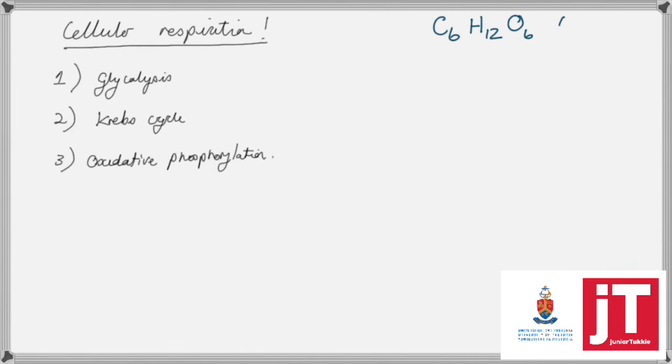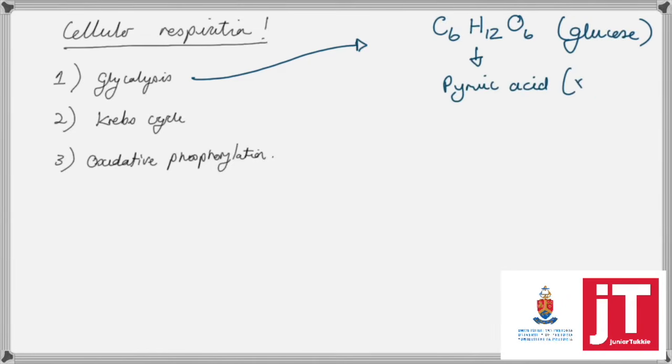So let's just quickly break it down and see what we can remember. When we look at glycolysis, we start with a glucose molecule. The first part of cellular respiration is where this glucose molecule is broken down into two pyruvic acid molecules, each of which is super important to progress the cellular respiration as a chemical process.